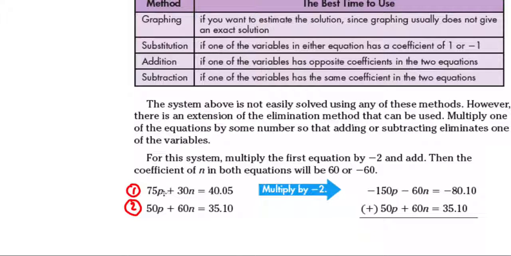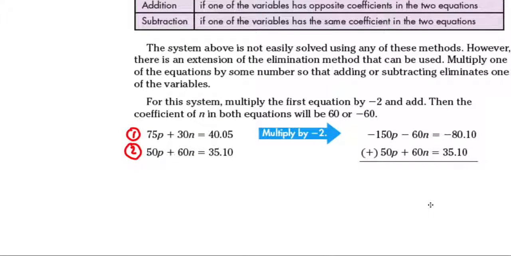So by multiplying the first equation by -2, they have opposite coefficients for the variable n, so we can simply add these two and eliminate the variable n. If we do this, we end up with -100p equals -45, and dividing both sides by -100, p equals 0.45.